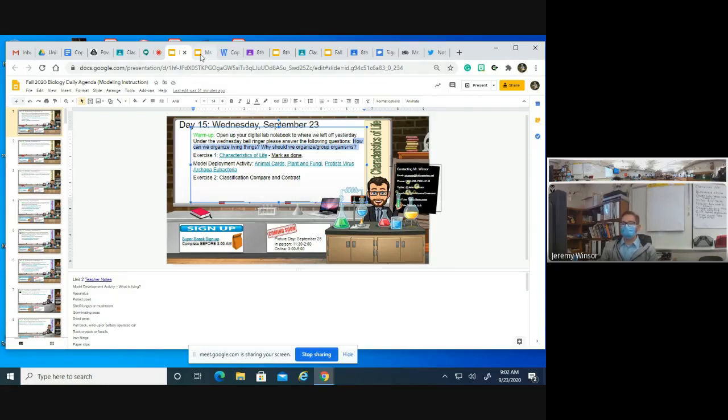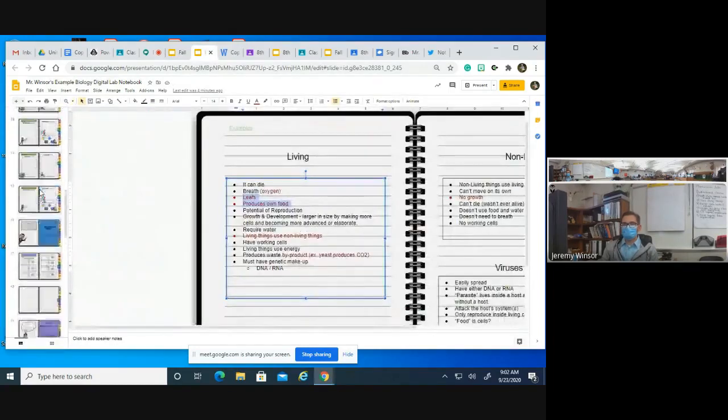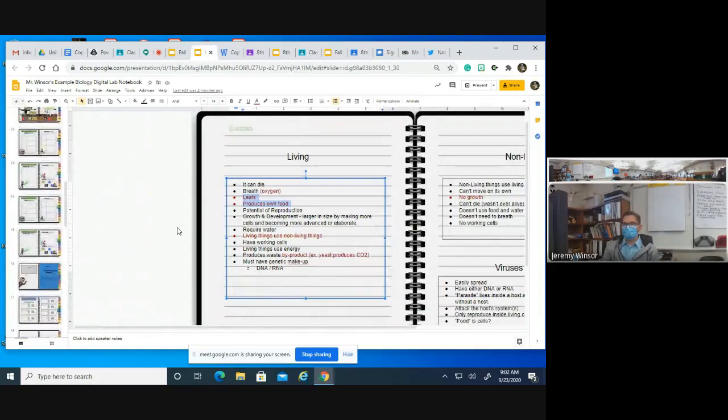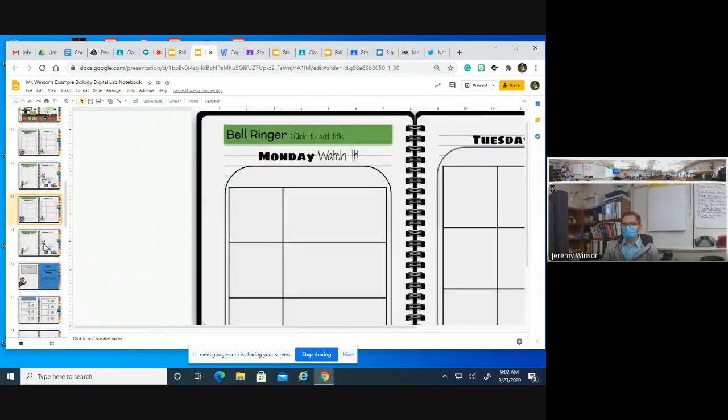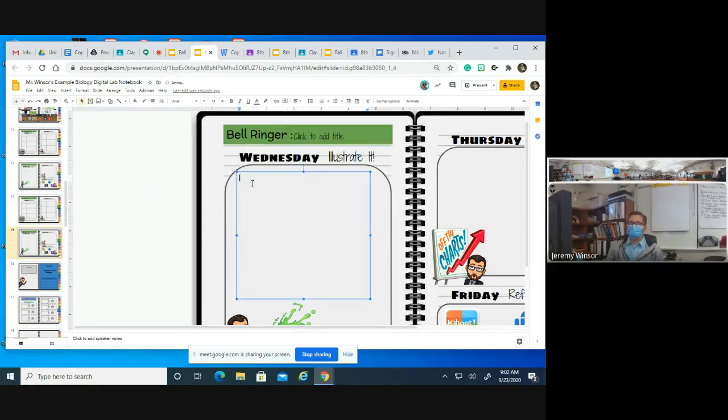So I'm going back to my lab notebook. I'm going back to the bell ringer for this week. I've got my Monday, Tuesday one. We didn't do a whole lot with bell ringers for Monday, Tuesday, but then I've got my Wednesday one here. And I'm going to make a text box, and I'm going to answer that question.